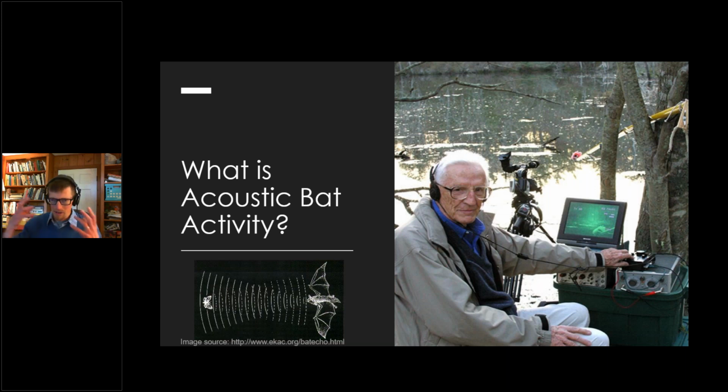By sending out these high frequency pulses, they're able to get around in complete darkness. It's a phenomenal sense, and we're only scratching the surface as to how bats actually use echolocation. But what echolocation enables us to do is listen in on bats and learn quite a lot about activity patterns, species composition, in other words, what bats are present in an area, and a little bit about what they're doing there.